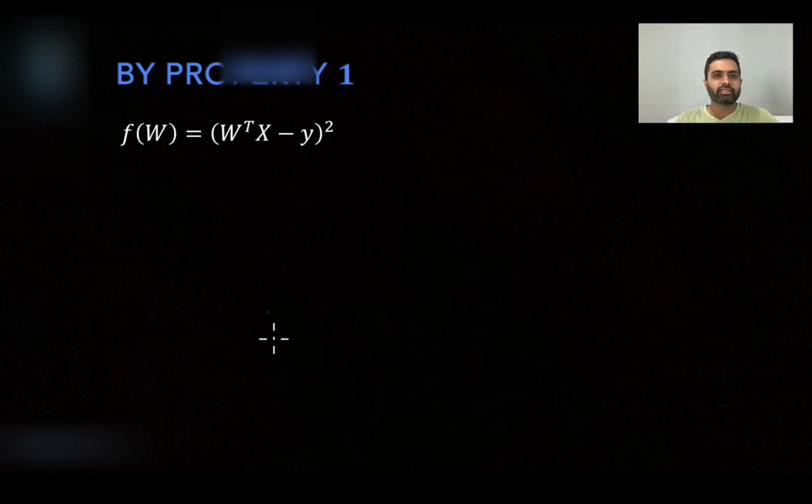So let's consider this particular square function, which is the inside part of the least square loss function. Now f(w) is (w transpose x minus y) square. Every time you have to be very clear what is input, what is output, and what is parameter. Whatever the parameter is, that is the variable in this particular function. So here w is the variable, that's why it is a function of w.